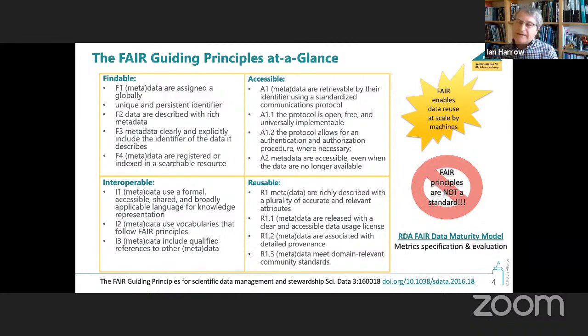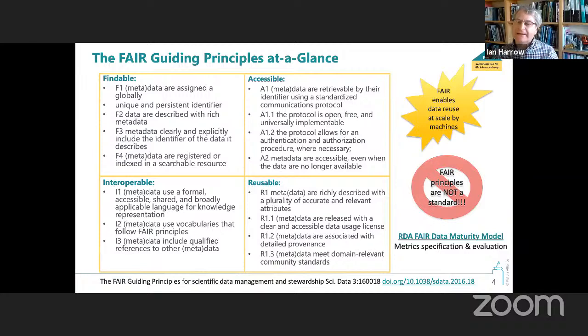Another point to make is that these FAIR principles are in themselves not actually a standard. They are very useful guiding principles, and they can be implemented in many different ways because they're not a standard. Now, the Research Data Alliance published, last year, a very full technical specification for the FAIR principles, and that's probably the closest we're getting to an actual standard.